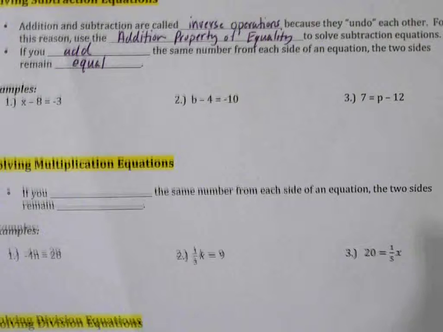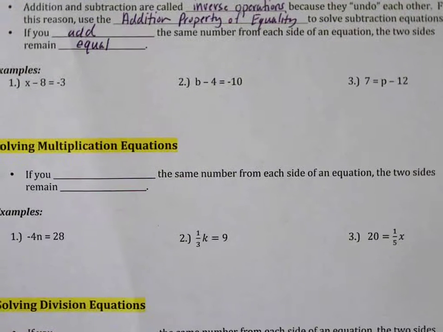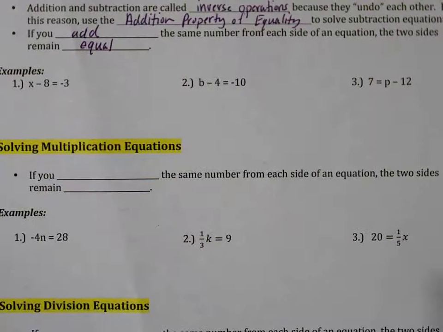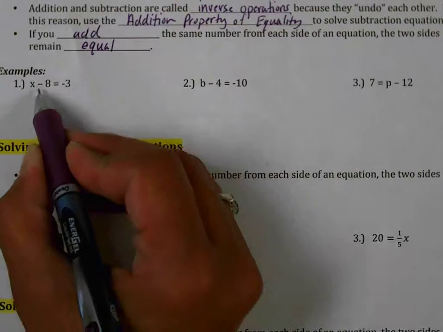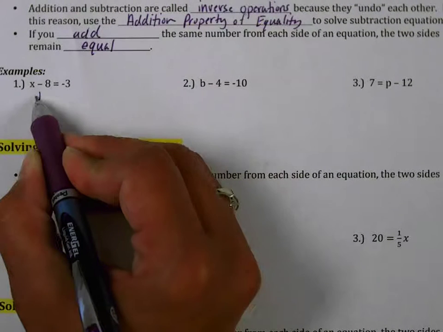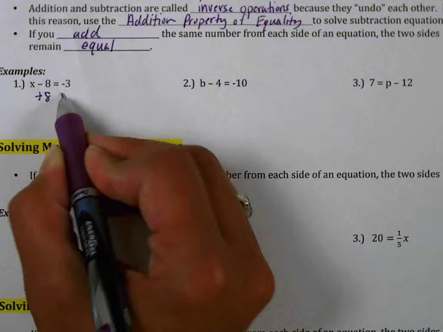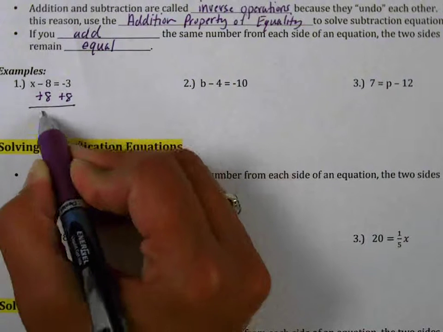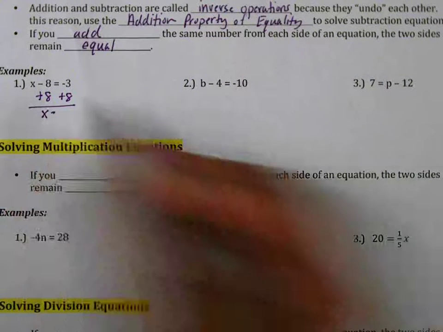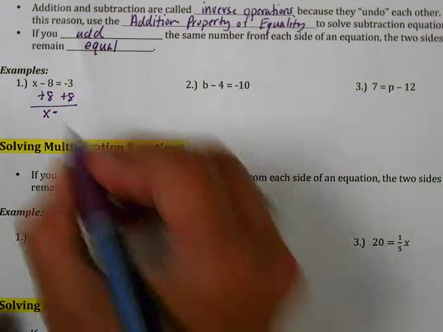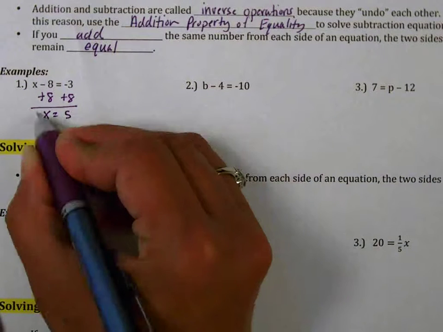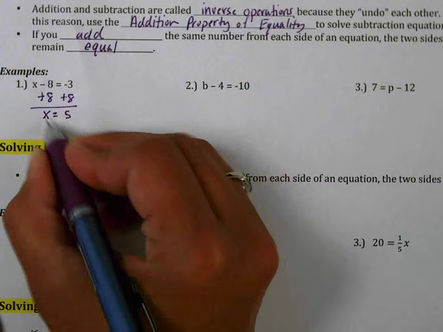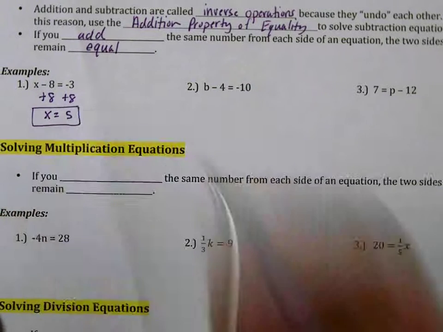So here we have x minus 8 equals negative 3. So since I subtracted 8, I'm going to add 8 to both sides. And negative 3 plus 8 is 5. 5 minus 8 would be negative 3.